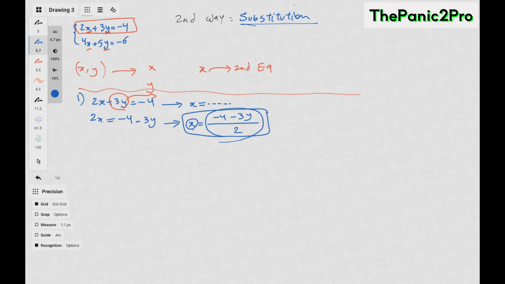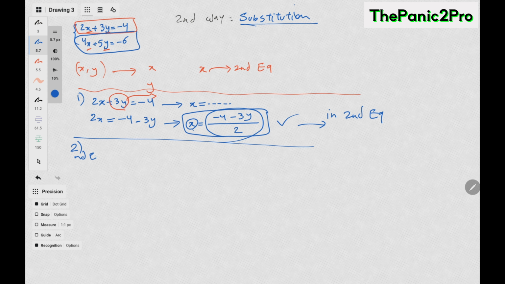And now what I'm going to do is just use this in the second equation. What was the second equation? Let's write the second equation. Second equation is 4x plus 5y is minus 6.